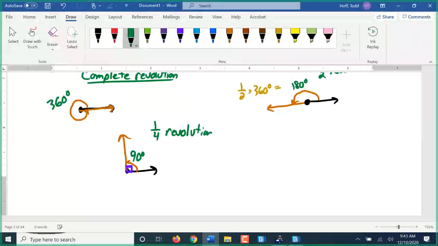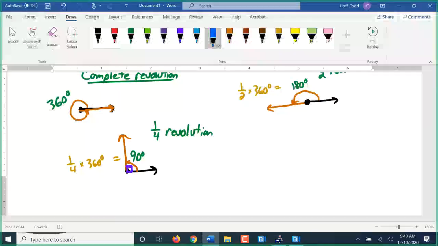And 1/4 times 360 is 90 degrees. So we define the degrees of the angle by the fraction of a complete revolution that it turns.